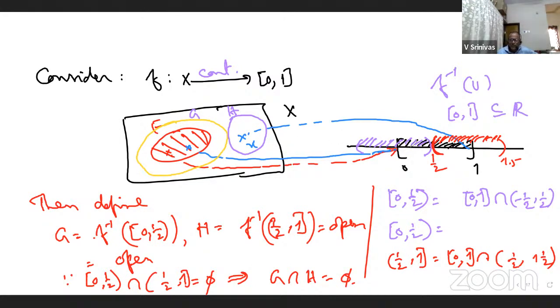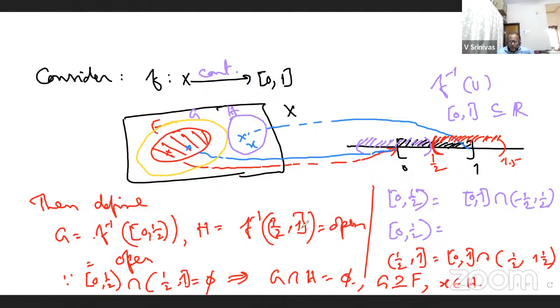Therefore, 0 belongs to this, therefore G contains capital F. Okay, and one belongs to this set. Therefore, X belongs to H.